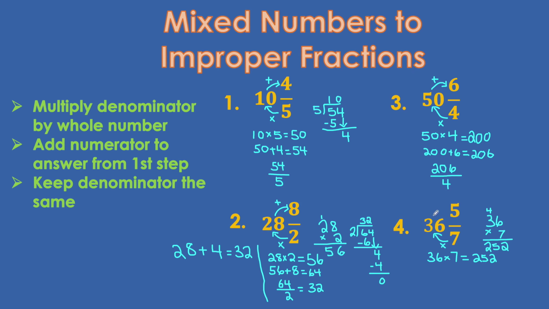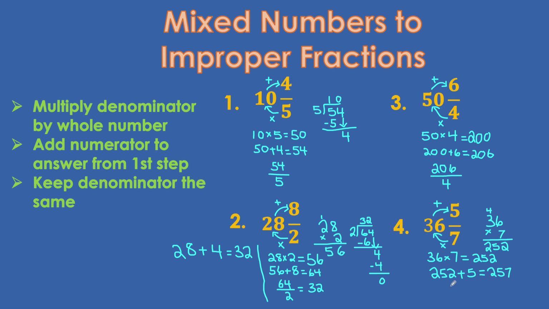Now we're going to add the answer that we got from the first step. So that means it would be 252 plus 5, which equals 257.